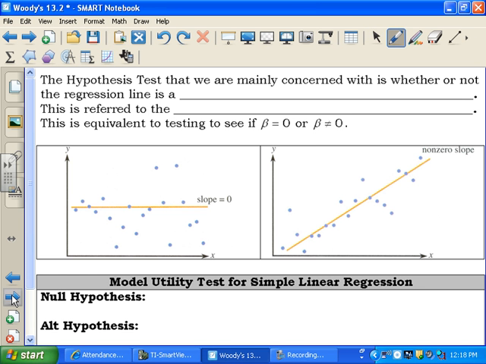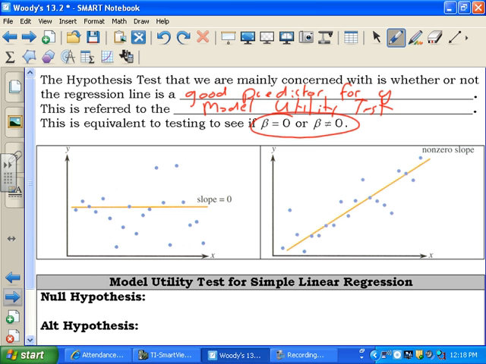Hypothesis test that we were making is about whether or not the regression line is a good predictor. This is referred to, and I've already told you this, as the model utility test. Anytime you see model utility test, we're testing to see if there is a slope.